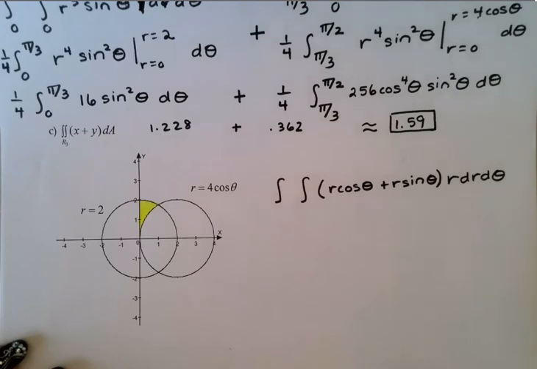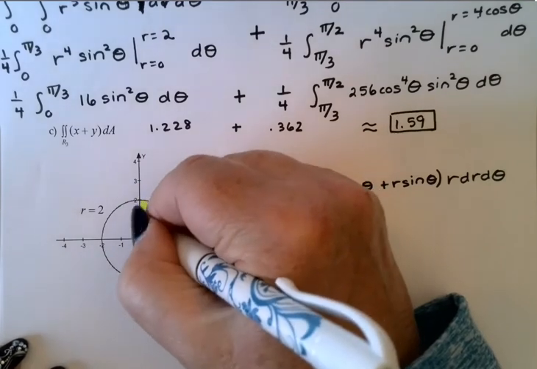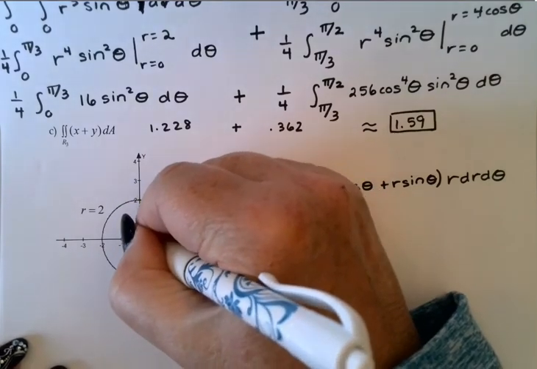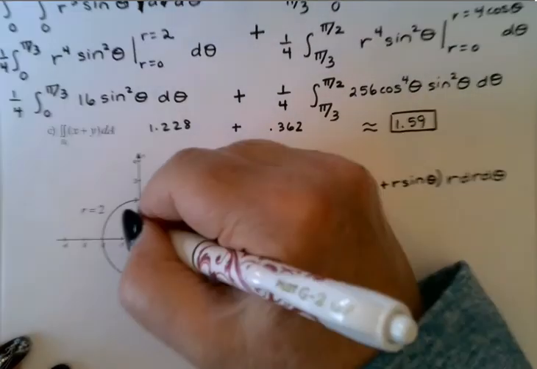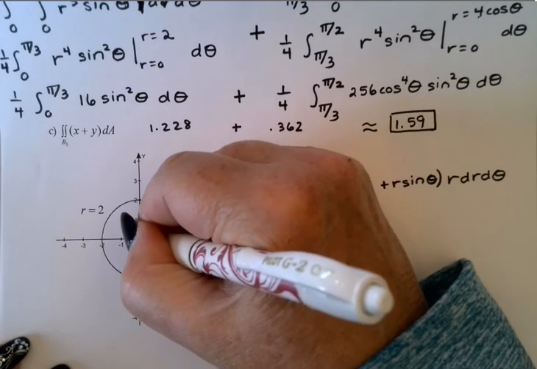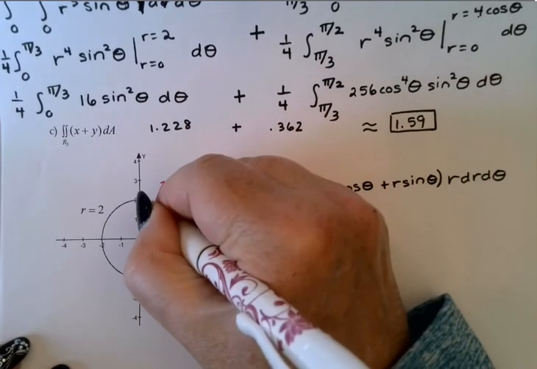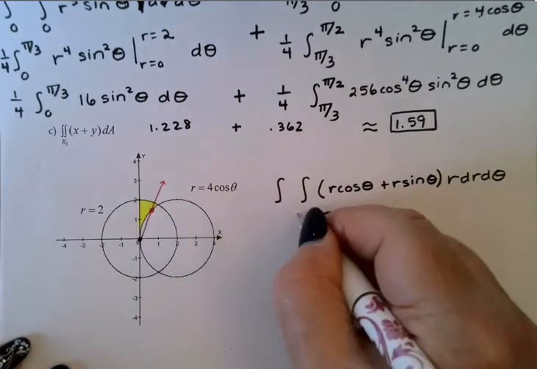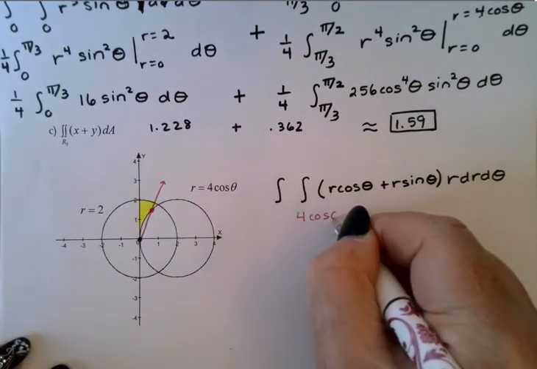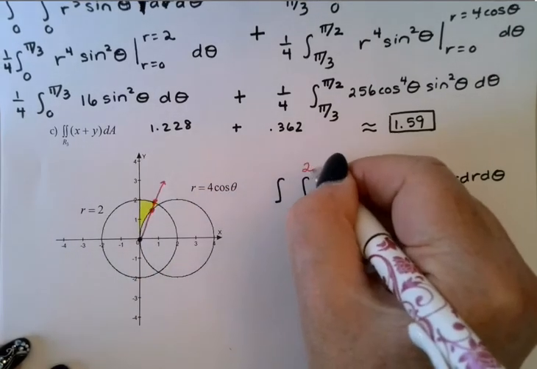And then I need to figure out my limits of integration. If you imagine a radial spoke here starting from the origin and going out, you can see we enter our region through the 4 cos theta, and we exit through the r equals 2.